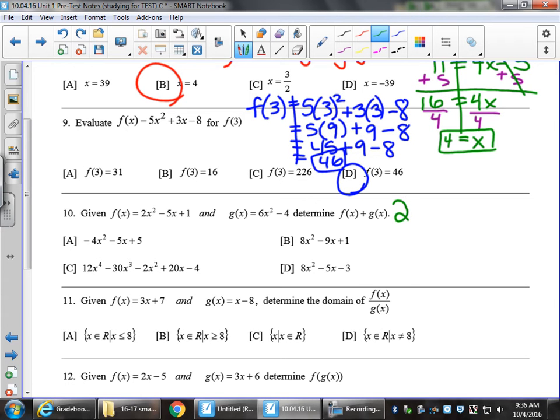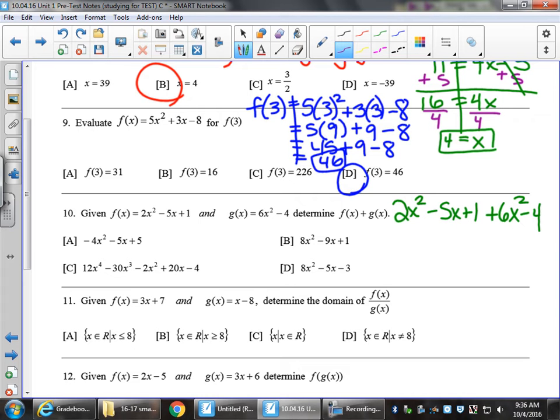F of x is 2x squared minus 5x plus 1 plus 6x squared minus 4. Half of you treated the subtraction question on the quiz as an addition, okay? If I have addition, no parentheses. When we get to the bottom, we have to use parentheses. The reason I don't need parentheses here is technically there's a positive 1. When you multiply something by positive 1, does that change anything? No. So now we can just combine like terms.